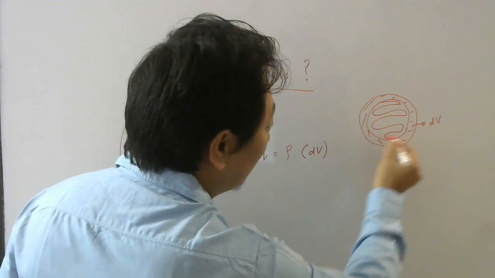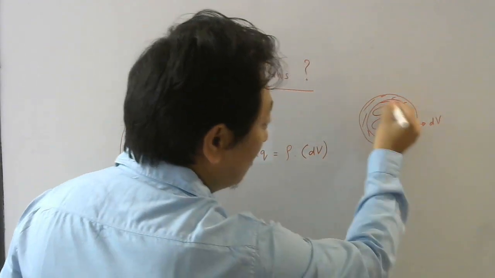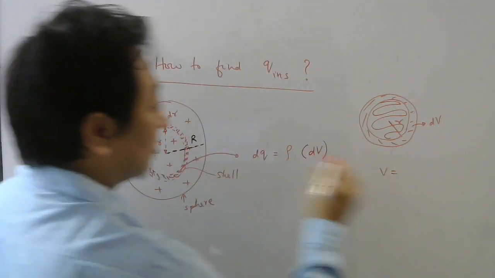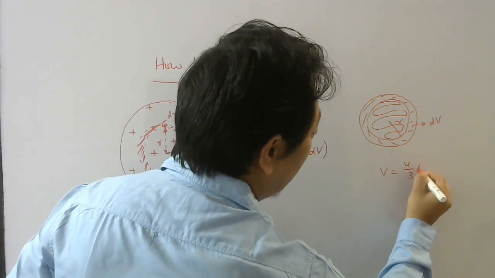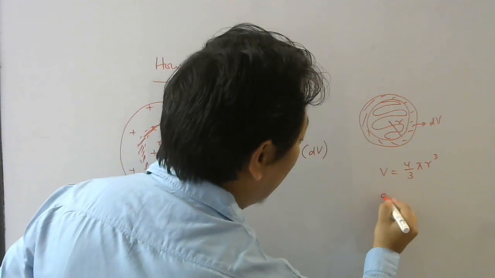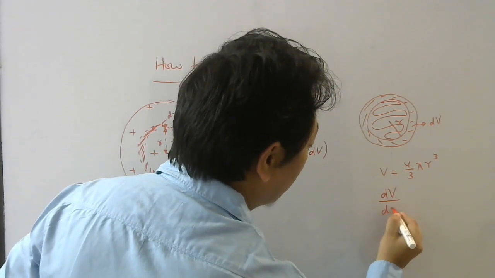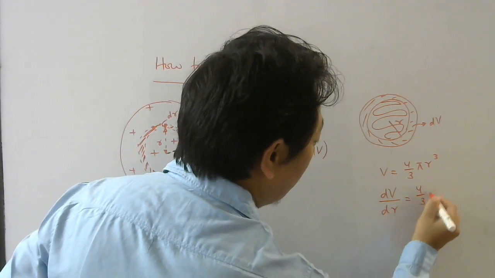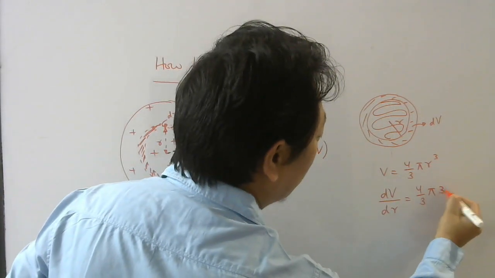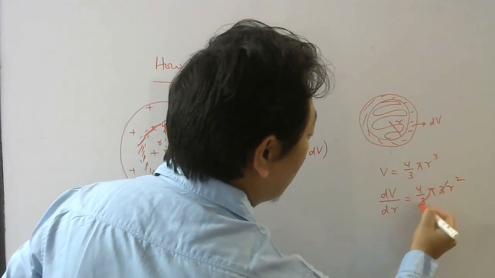Now, what was the original volume of this small region whose radius I have taken as small r? So the volume of that will be 4 by 3 pi r cube. And since we know differentiation, if you take the differentiation of V with respect to r, 4 by 3 pi will come outside. Differentiation of r cube will give you 3r square. 3 will cancel.